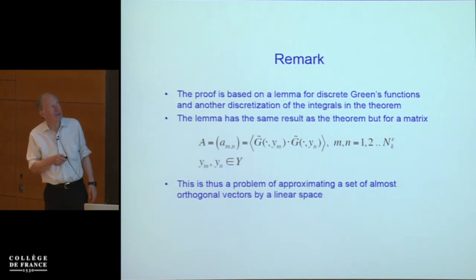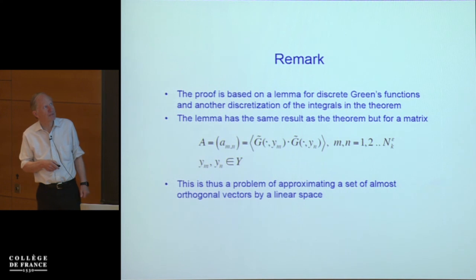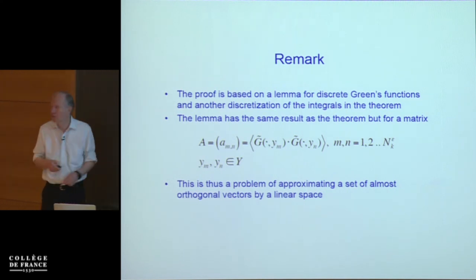So you have then a matrix that is built up by these inner products in this case, where the y values depend, sits in y. So it is a problem of approximating a set of almost orthogonal vectors by a linear space here.